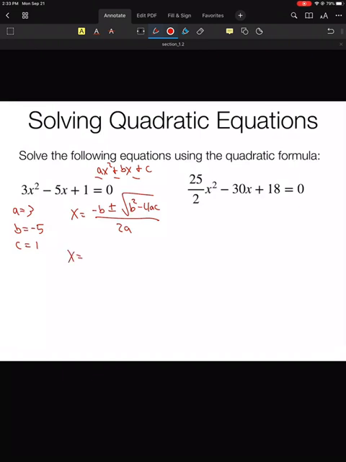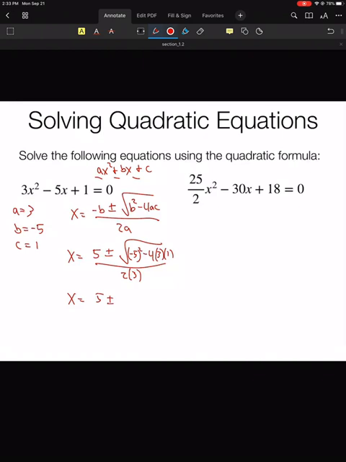So we have that x is going to equal the opposite of negative 5, which is positive 5, plus or minus the square root of negative 5 squared minus 4 times 3 times 1, over 2 times 3.